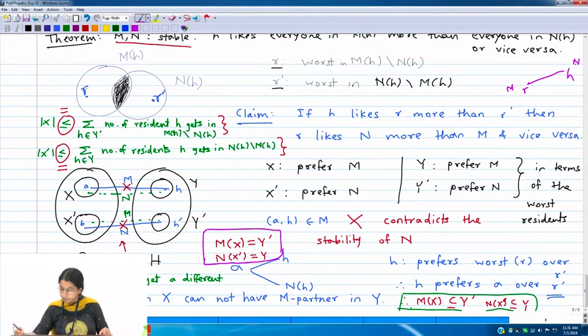So although we made this comparison only in terms of the worst residents, we have shown that all of M of x is actually matched to y prime. So we have no pair RH where both of them like M and they are also matched in M. So certainly one of them likes one matching, the other likes the other matching.